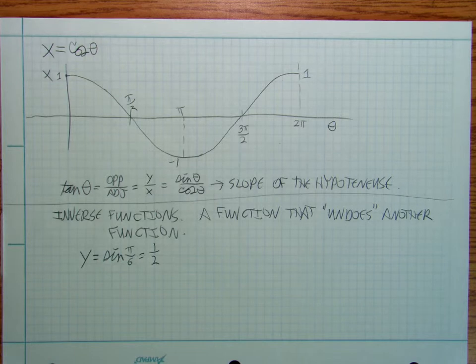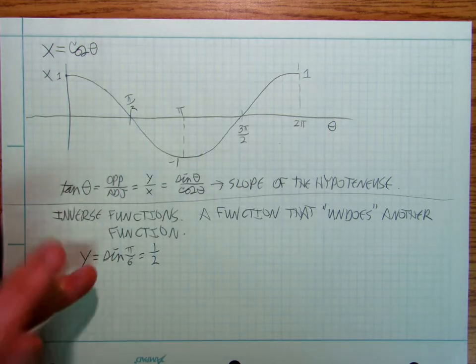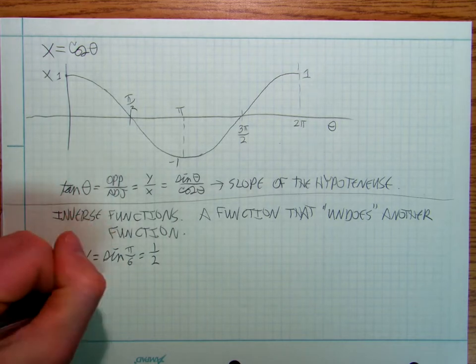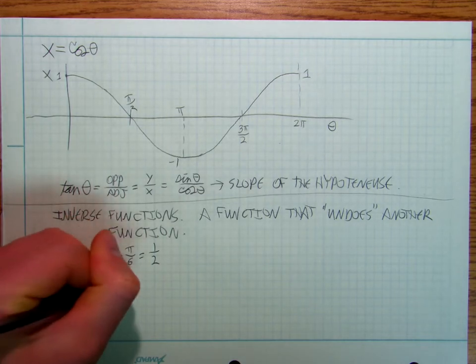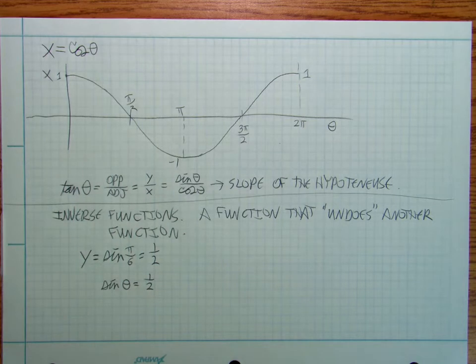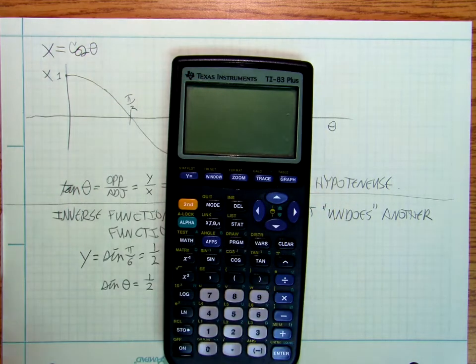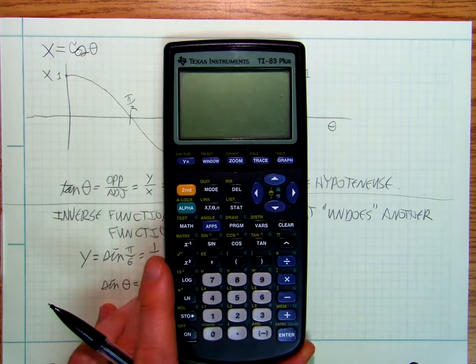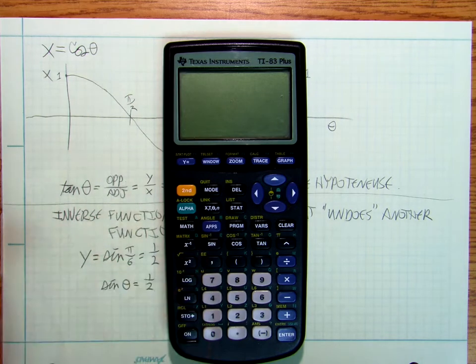Suppose I write this: sine of theta equals 1/2. How do I solve that on my calculator? By the time you've gotten to calculus, you know how to solve it on your calculator. You just use the second sine button.